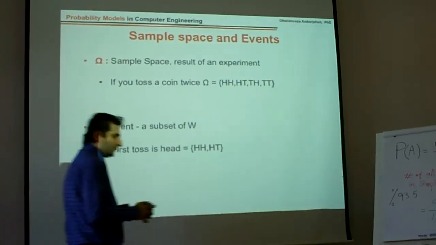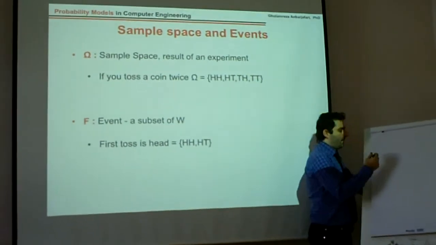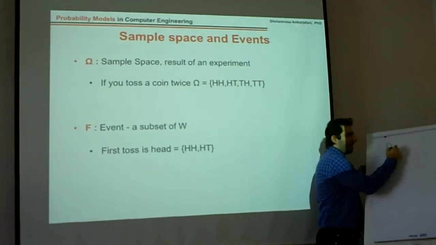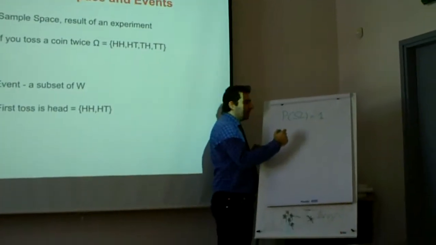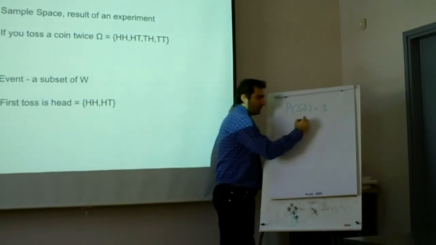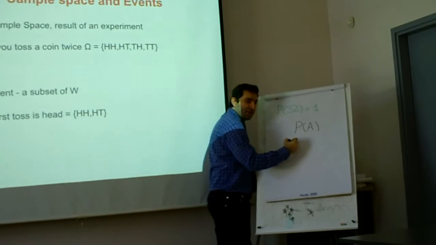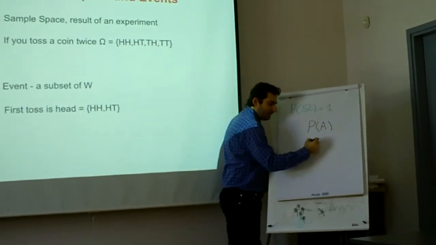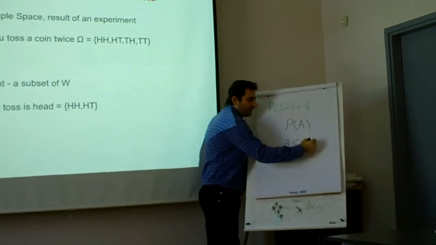Now, we said P omega is 1. What can we say about P(A), given that A is a subset of omega?